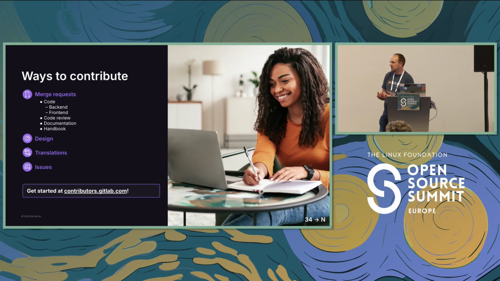Some people might not be comfortable writing code, but tracking those contributions, those different routes through the system, definitely helps with getting people into the project.